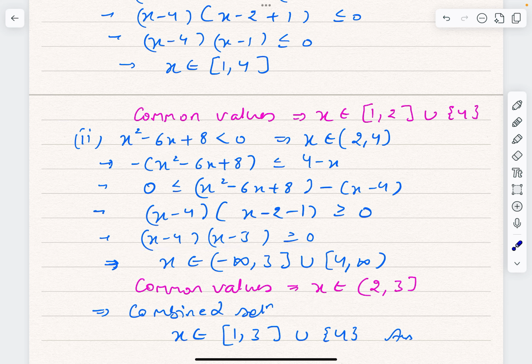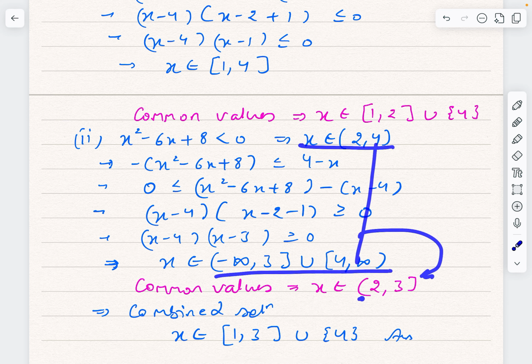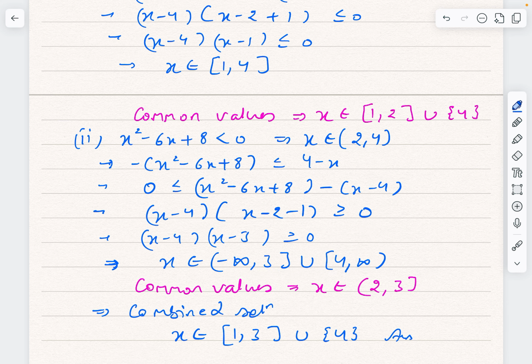So you get minus infinity to 3 closed, union 4 to infinity. I need to take common here. So this and this common, I think, will be 2 to 3. And here, nothing will be common because this is open 4. So finally, common in this and this will just be open 2 to close 3, because here 3 is closed, I'll just open, and those brackets are open.